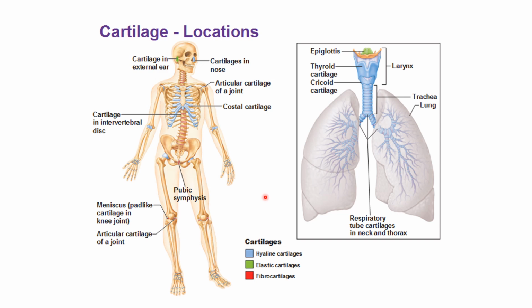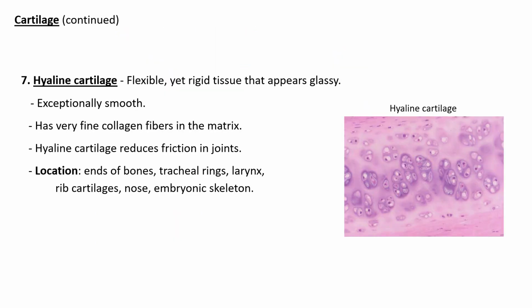Elastic cartilage, this is interesting cartilage that can bounce back to its original shape. So that's in the ear and in the epiglottis. And then fibrocartilage, the intervertebral disc and the pubic symphysis, this little pad of cartilage in the pubic area between the two hip bones. So that's your three major kinds of cartilage.